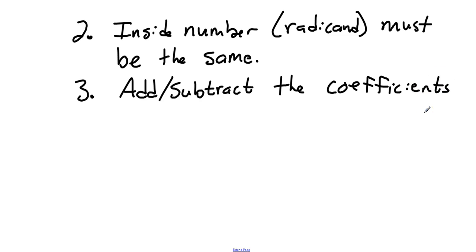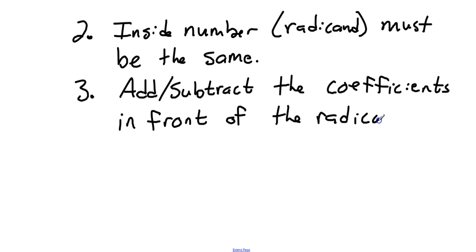So you're going to add or subtract the coefficients, which are just the numbers in front of the radicals. Now, the key thing on this one is the radicals don't change. So inside your radicals, that will stay the same.